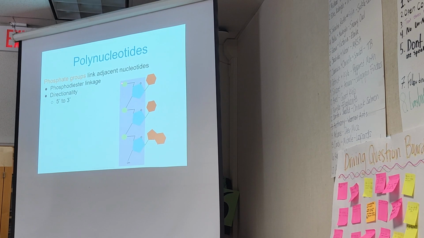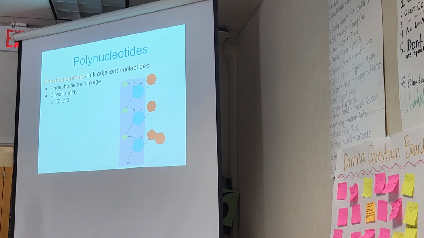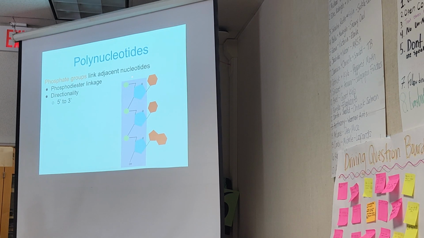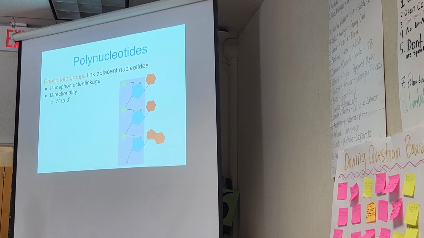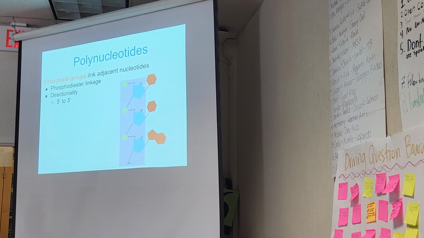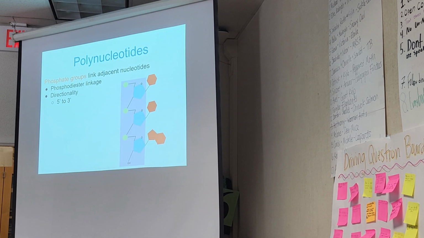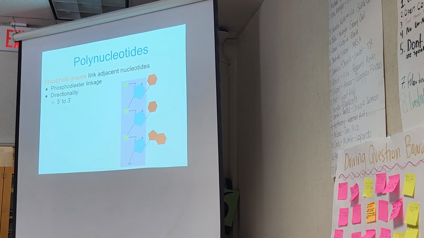This is the phosphate attached right here to the 5'. That's 1, 2, 3, 4, 5. So now I know what direction to read the DNA or the RNA in, because I know the phosphate is attached to the 5'.